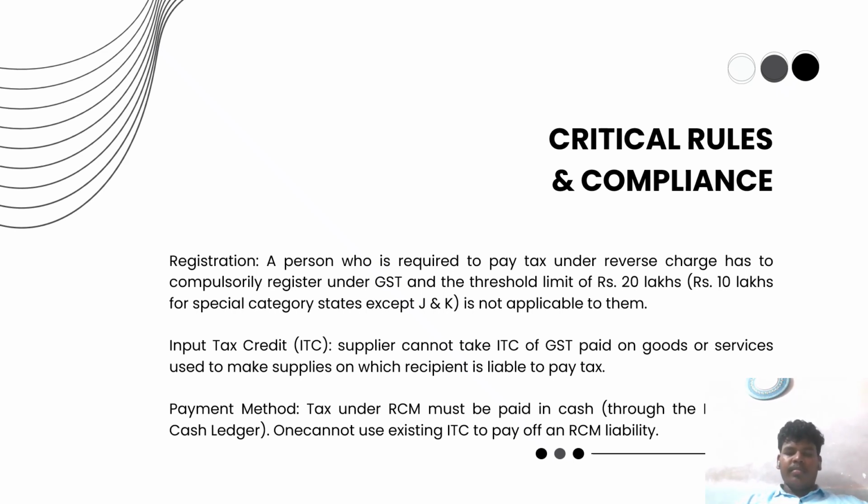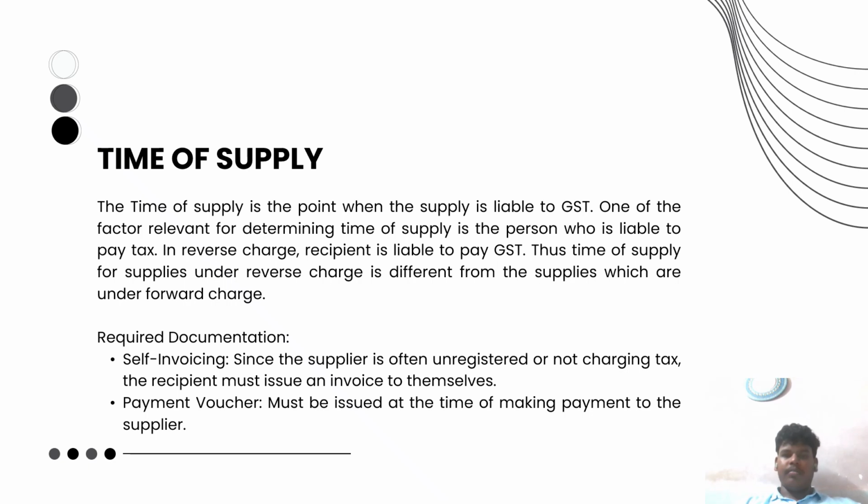Input tax credit. Supplier cannot take ITC of GST paid on goods or services used to make supplies on which recipient is liable to pay tax. Payment method. Tax under RCM must be paid in cash fully. One cannot use existing ITC to pay off an RCM liability.